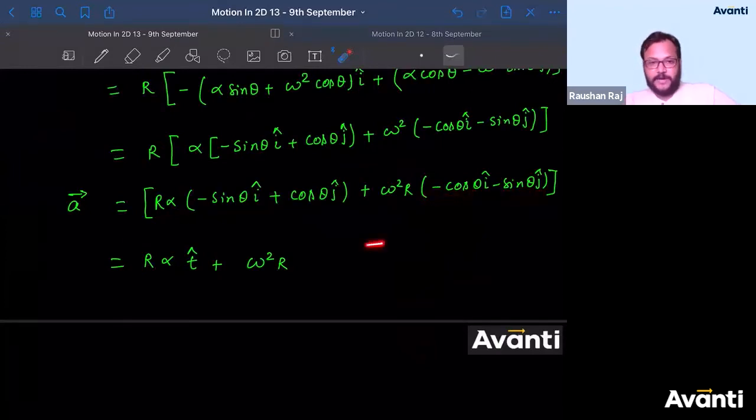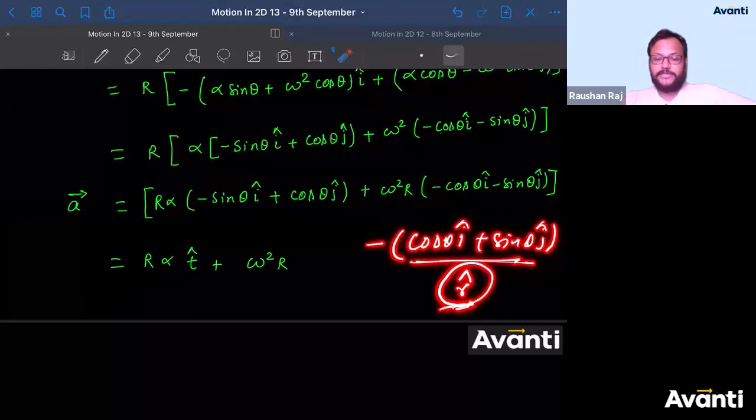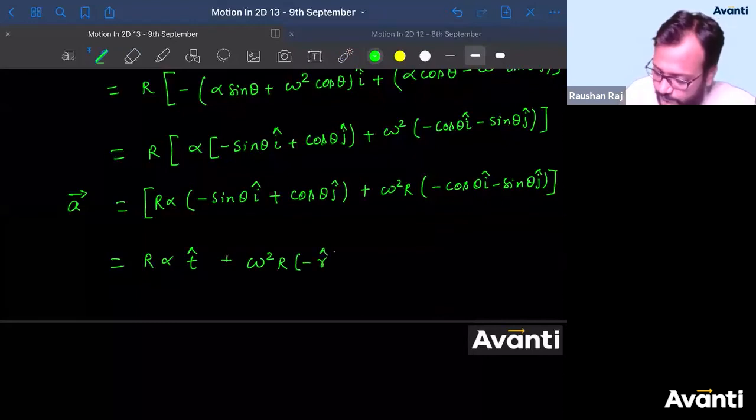I can write this as minus of cos theta I cap plus sine theta j cap. What is this? This is nothing but R cap, the radially outward vector. So can I write this as minus R cap?